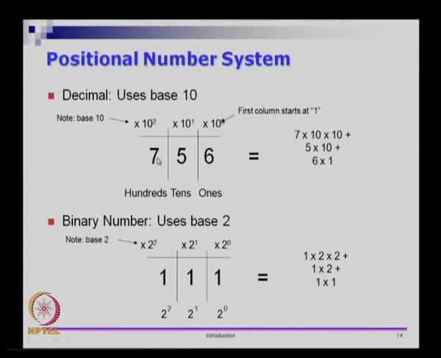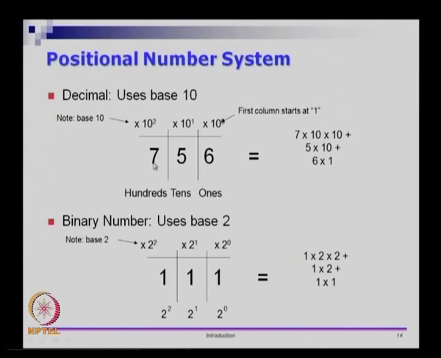So in the decimal system, we have positions, and the positions come with certain weights. The rightmost position has a weight of 10 power 0 or 1. The position slightly to the left of it has a weight of 10 power 1 or 10. The position to the left of that has a weight of 10 squared or 100 and so on.